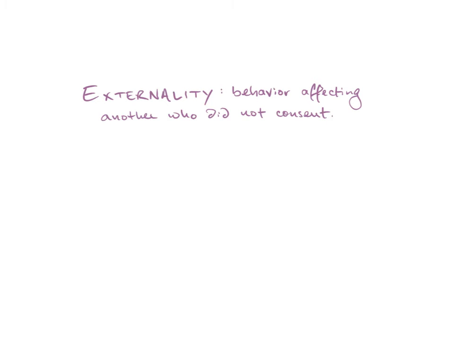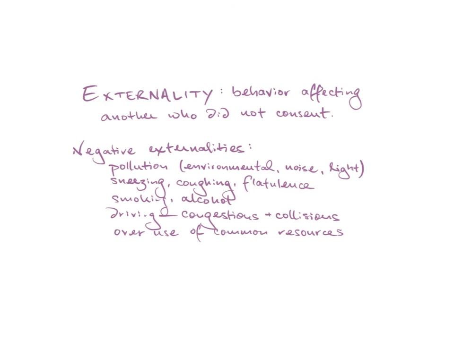Now, externalities can be positive or negative. Negative externalities: sound pollution. You hear the train going by and interrupting our class. Did we agree to that? No. Is the behavior of that train impacting us?